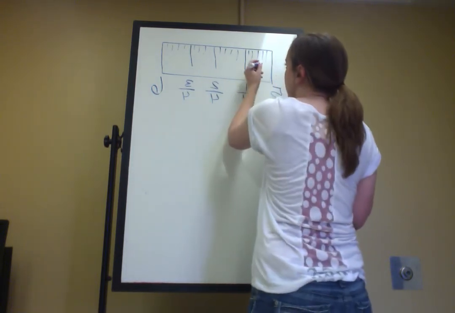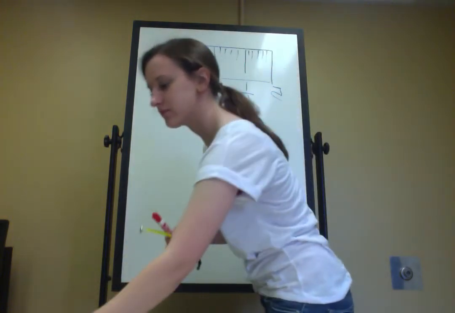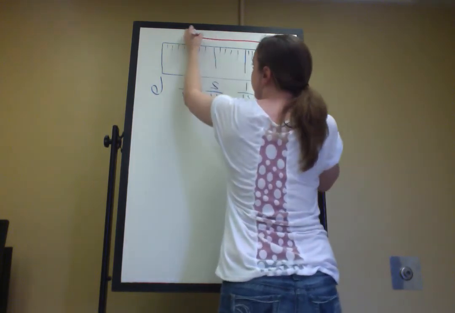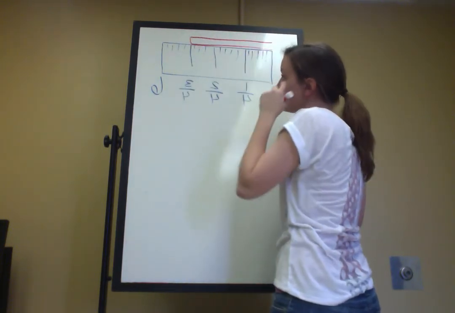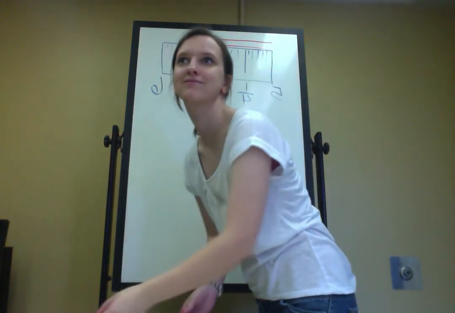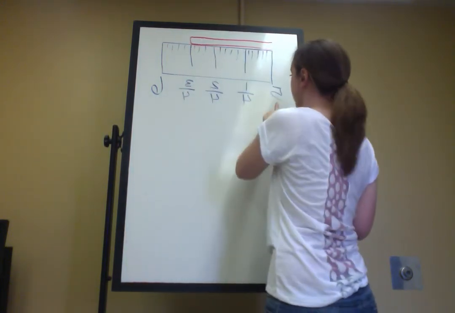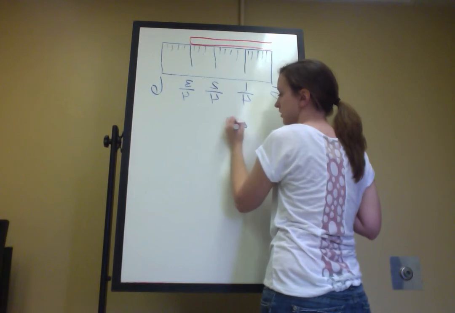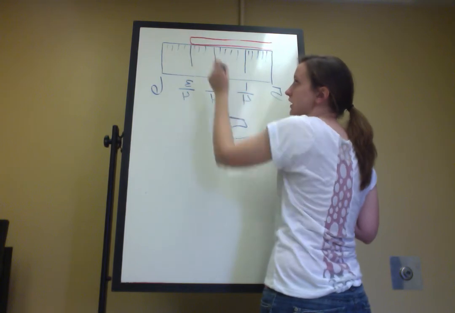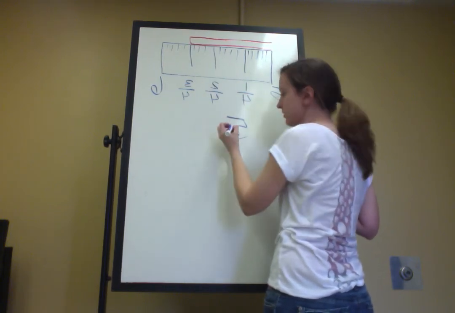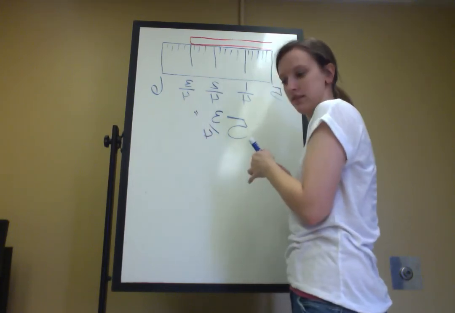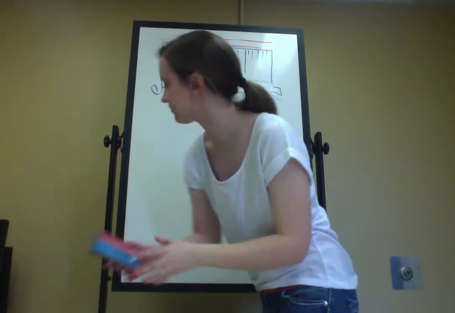So it goes all the way to here. So what's the length of my marker? Okay, well it's already 5. And then how much more did it go? 3/4, right? So it's going to be 5 3/4, and that was in inches. All right, perfect. Great job.